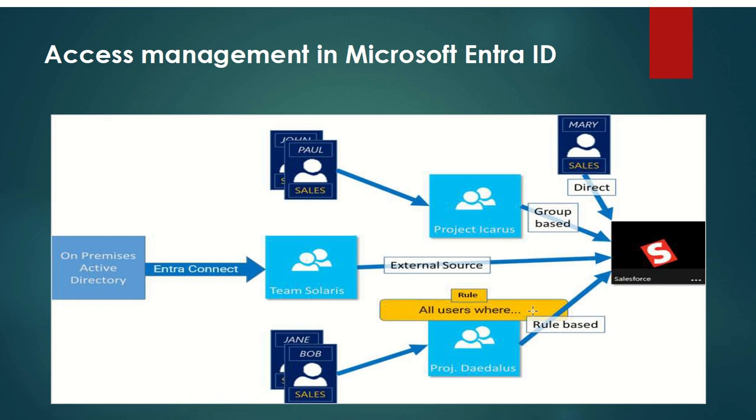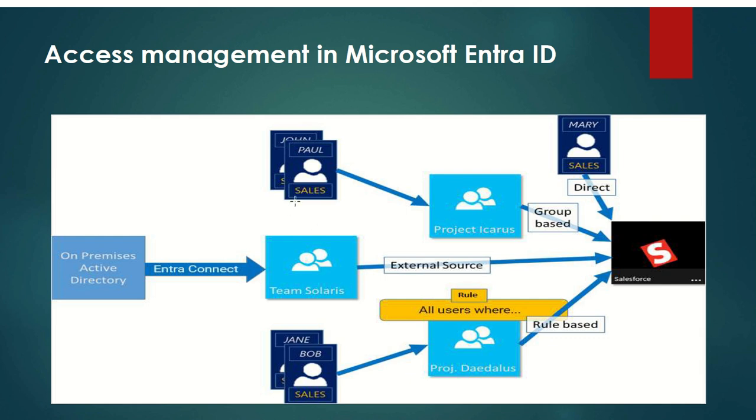So how does access management in Microsoft Entra ID work? I would like to take a simple example here. For example, we have a software as a service component, say Salesforce. What are the various ways of assignments we can do here? First of all, we can add a user, Mary from the sales department, directly to have access to this software as a service component.